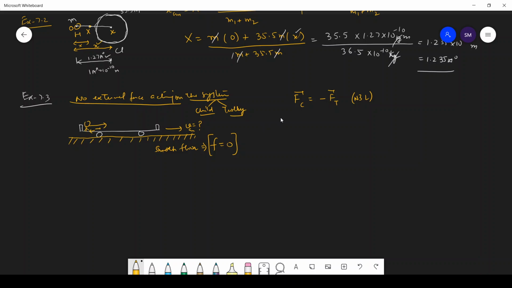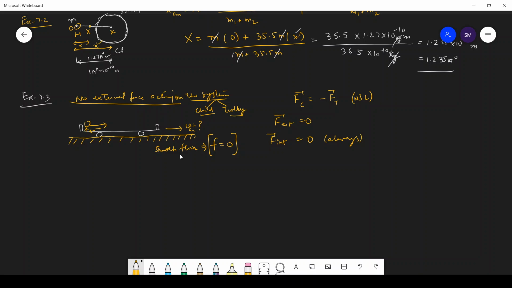So the external force is 0, and these are the internal forces. So what is F internal? The net internal force, they will cancel out, equal and opposite. So F internal is always 0. Any interaction between internal objects is not going to be considered.